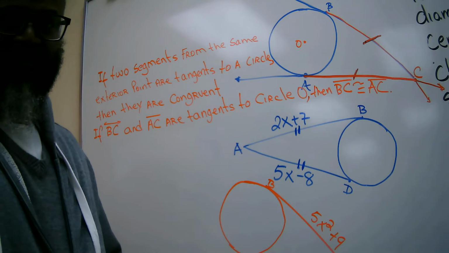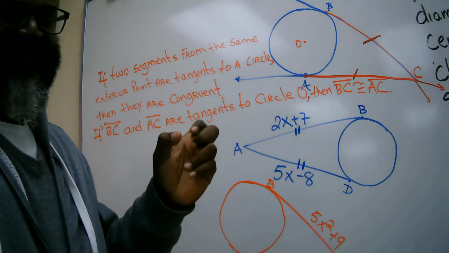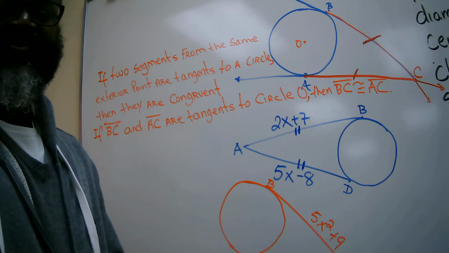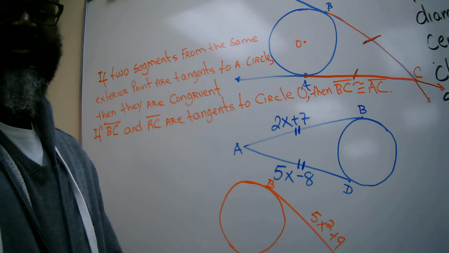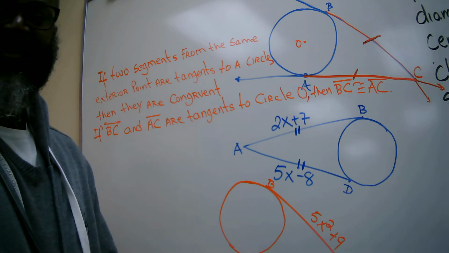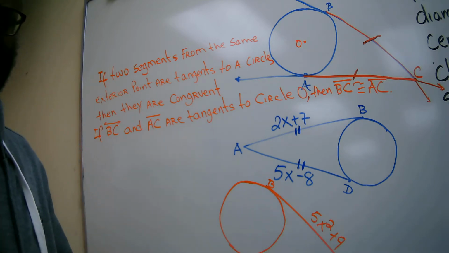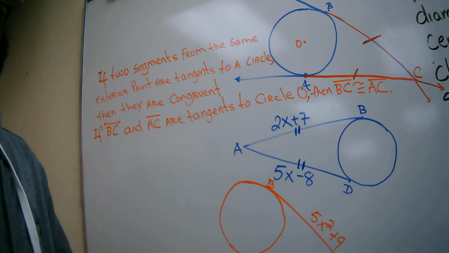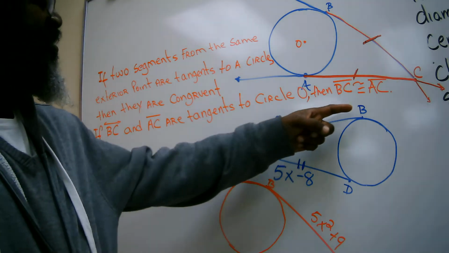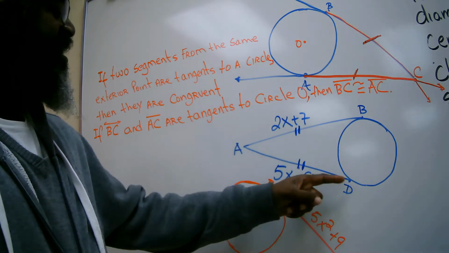So let's break this down. If you have two tangents that share the same external point, those two tangents will be congruent. So in this case, you have no choice but to let those two expressions equal each other. In this case, we have the blue circle as an example. So we go into an equation. We have tangent AB and tangent AD.